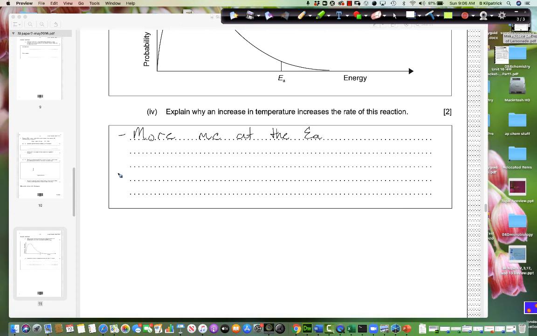Now, remember, the rate increases anytime that you can increase successful collisions. Well, the second mark comes from the fact that there now will be more collisions in general. And that's because you've got more kinetic energy, so they're going to be colliding with each other more often. So that's how you get 2 marks. One of these would have given you 1 mark, but you need both of them to get 2.